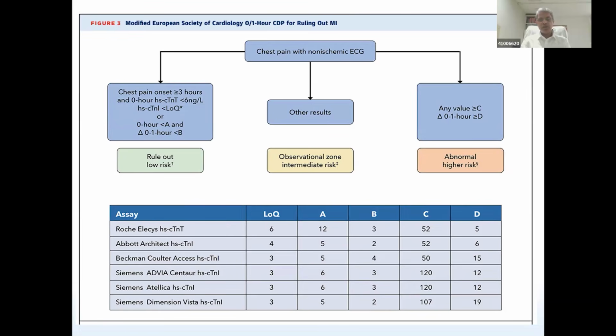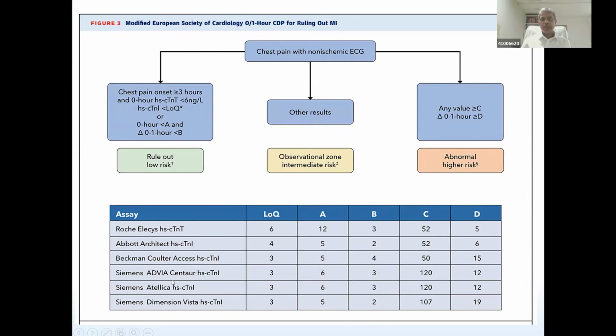And you can see that this is a very complex algorithm. For each of the high sensitivity tests, which is certified according to the WHO definitions, there are different cutoffs and delta change values. So if you are using an Abbott Architect, you can find out from your lab. If you are using an Abbott Architect HS troponin I, then you have to follow these criteria.